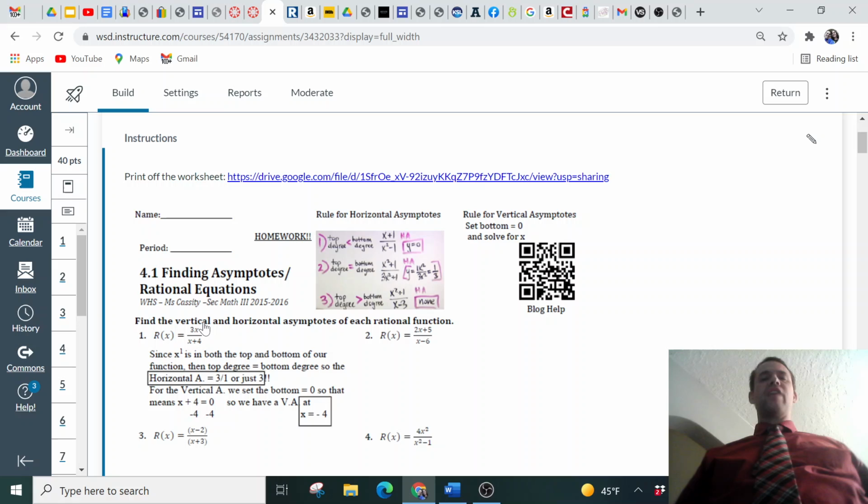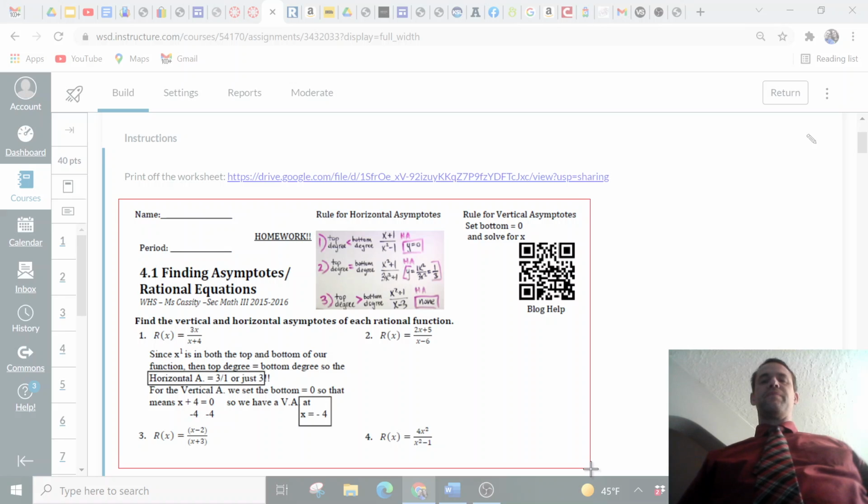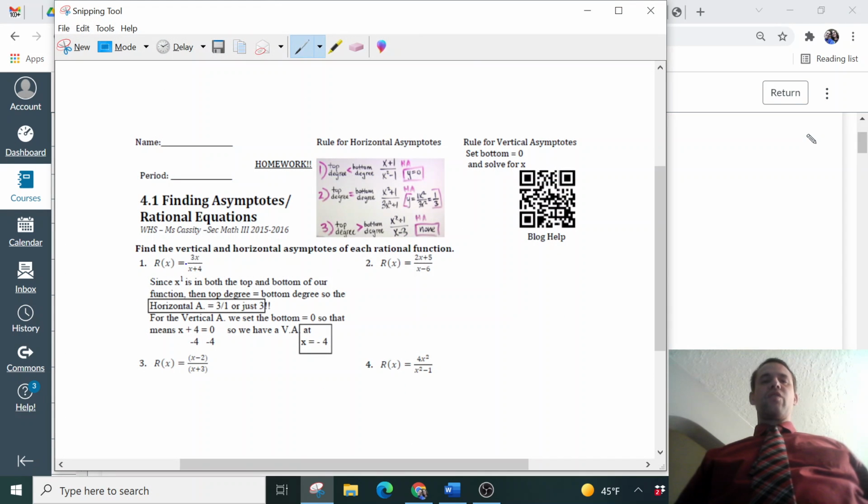Now the powers are the same on this one, 1 over 1, so we're just going to use the numbers in front. Let's use a red pen there. It's a visible 1 on the bottom and a 3 over there. And so we've got 3 over 1, so our answer is 3 over 1 or just 3.